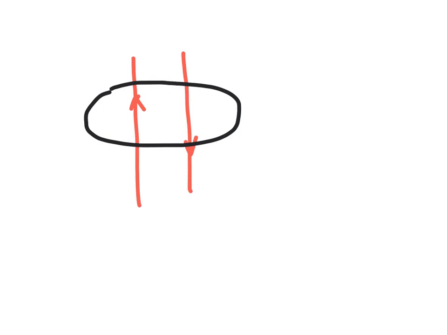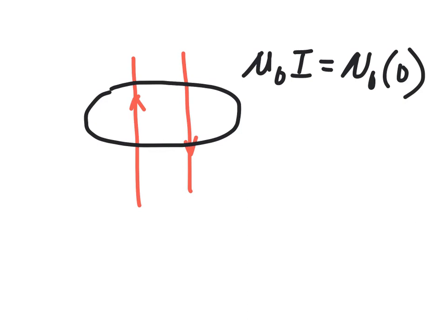You can see that what's going to end up happening here is that the net current through the Amperian loop is going to become 0. So this mu naught times I, that side of the equation, is just going to become mu naught times 0. So then 0 is equal to the path integral of B dl.